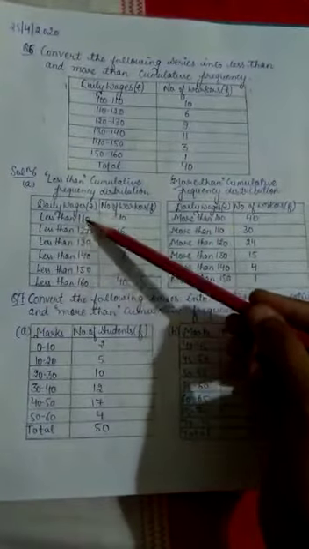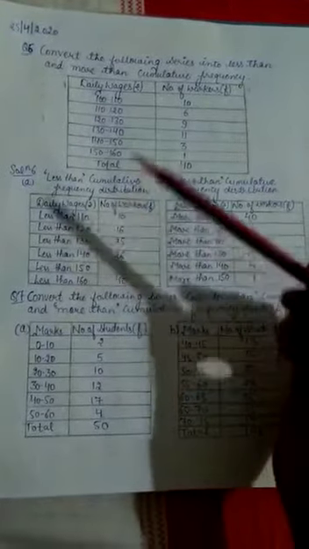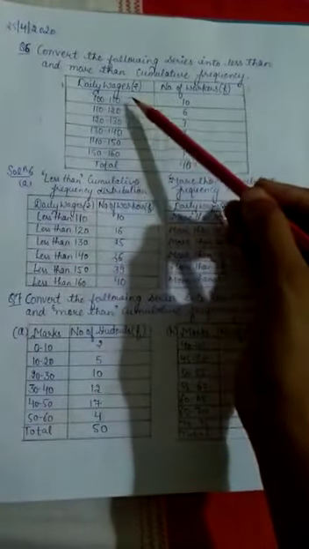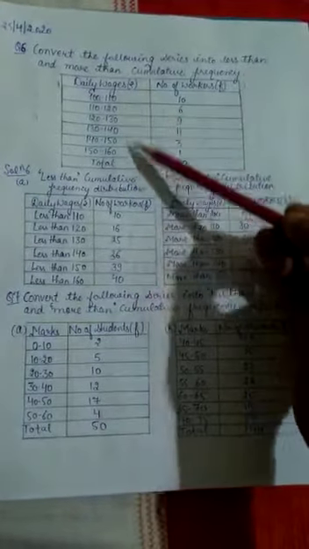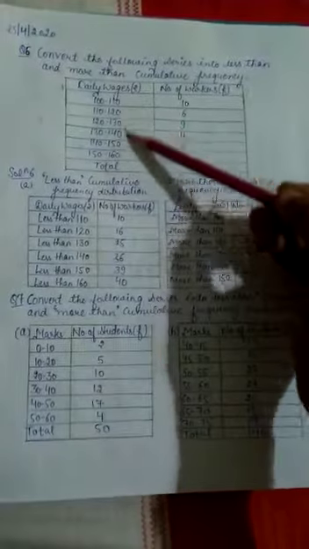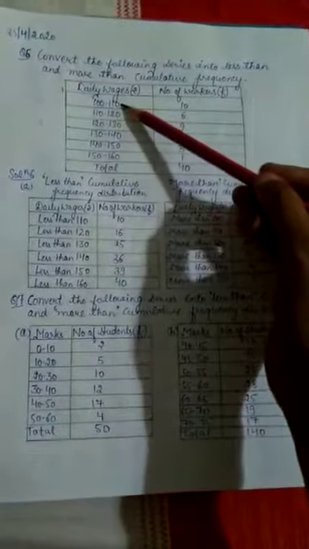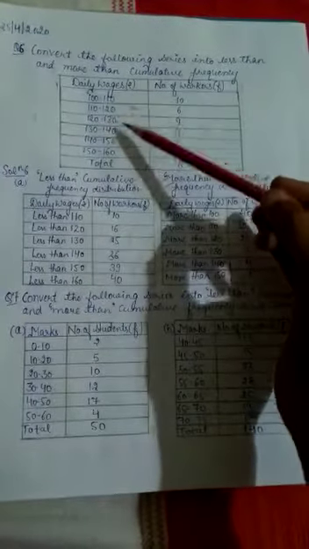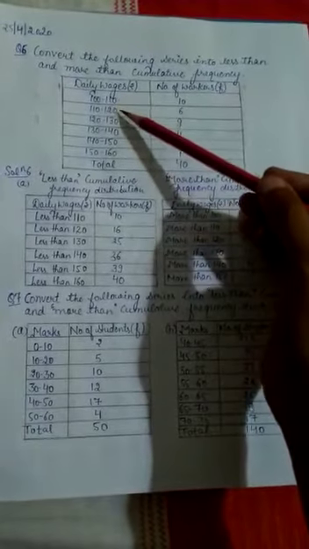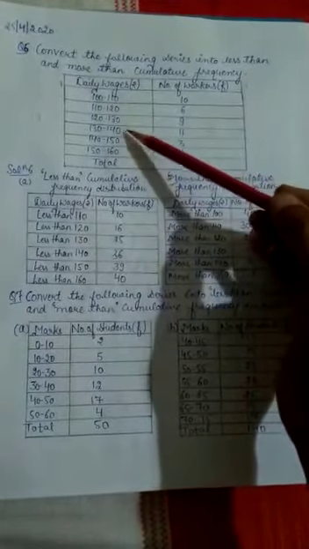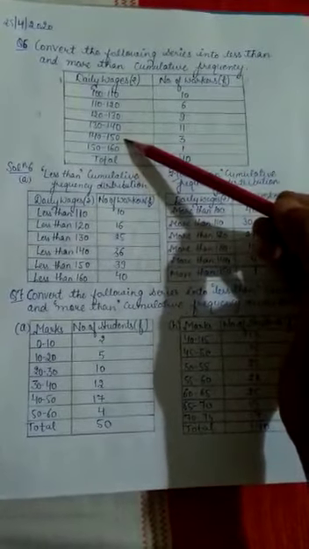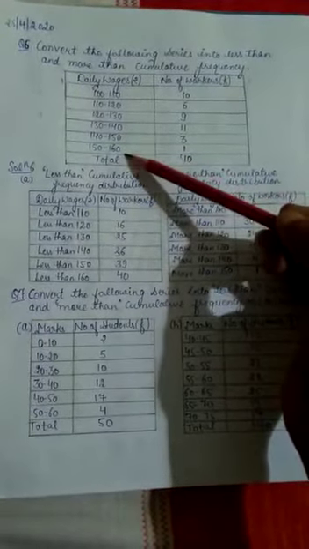Then less than what? From where will we start? We start writing less than from the upper limits, the right end. So first one will be less than 110, then less than 120, less than 130, less than 140, less than 150, less than 160.